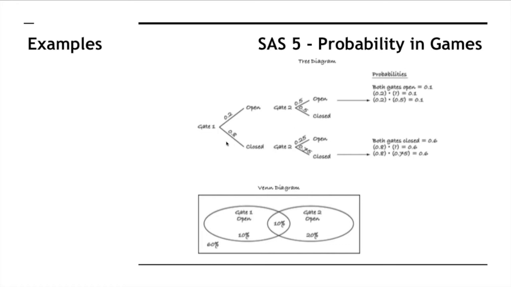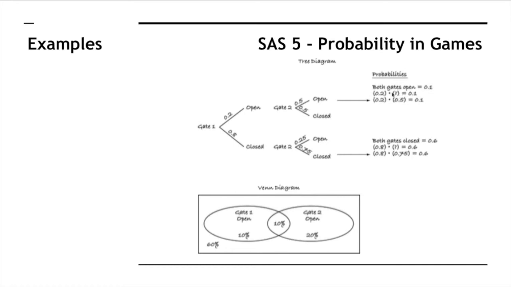Let's see. When gate 1 is closed, we go there, and gate 2 is open 25% of the time and closed 75% of the time. What we have to do is determine, how do we create both gates open at 10%? 0.2 times 0.5 is 0.1. So that's true. We're looking at the right answer.